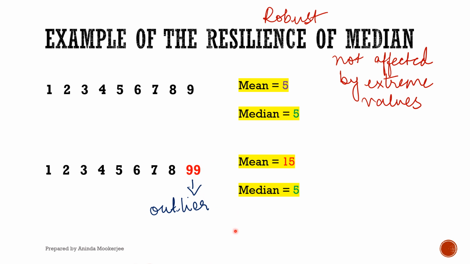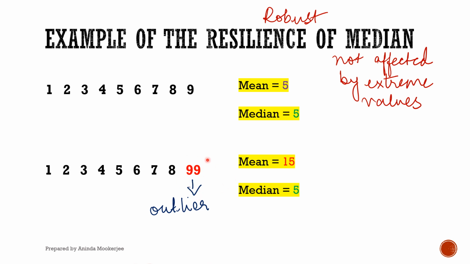The median, on the other hand, if you calculate the median, we still have 9 values in our set. The midpoint is still 5. That's the median. The median didn't change. The median still stays at what it was before the outlier was introduced.